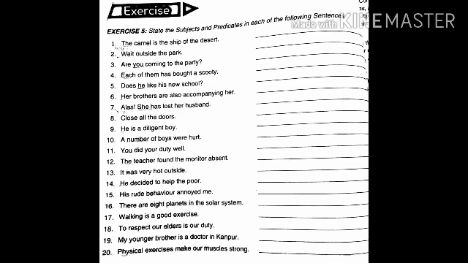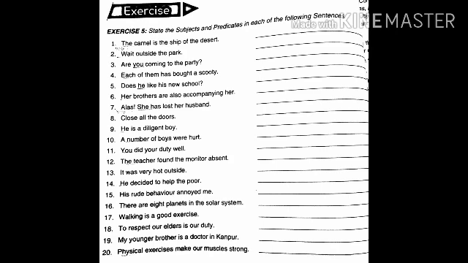Underline that term. Always identify the verb first. Now, using is, frame a question using what or who. What is the question you will frame? What is the ship of the desert? What is the answer you are getting now? The camel. So the camel becomes the subject and the remaining part will become the predicate.